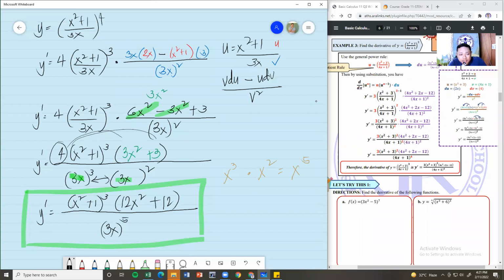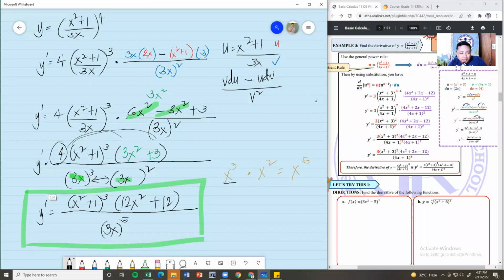Actually, ang concept dito niyan kasi is you have the same base which is 3x. Tama? 3x, 3x. Parang katulad siya nito, x times x. Whichever or kung ano man yung nasa loob ng x na to, basta't pareho sila, when you multiply them, you just copy the base and add the exponents. That's one of the laws of exponent.